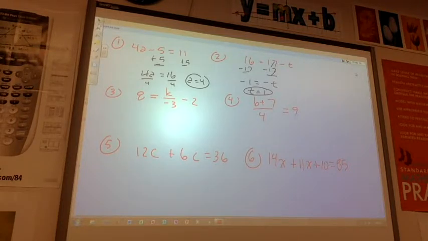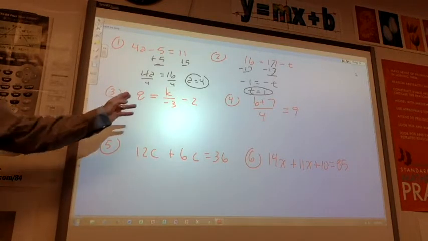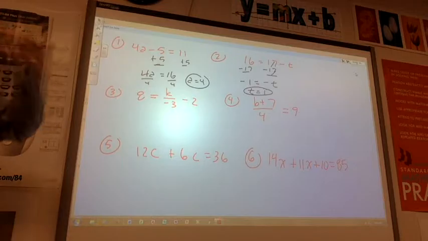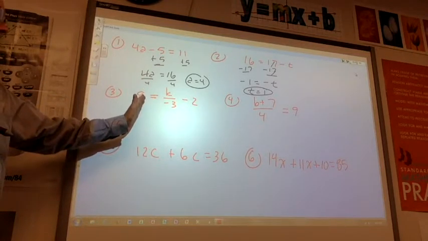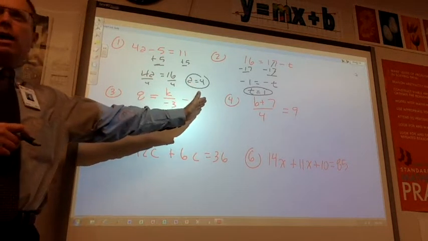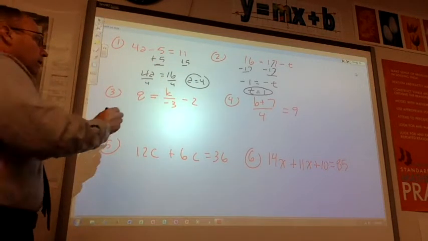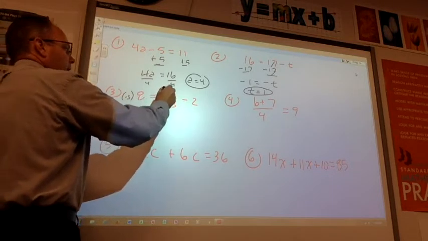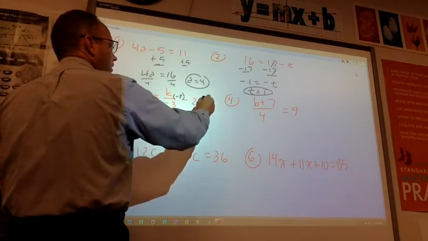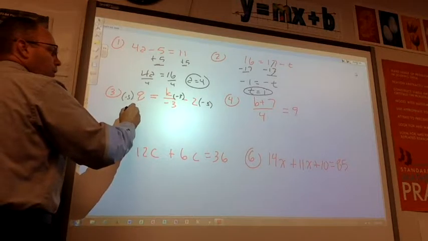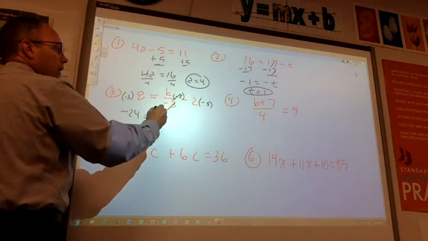Problem number 3. What should we do? Someone new. Multiply each side by negative 3. I agree if you're going to clear the denominator. So what you're saying, I really like that. That means I have to multiply this by negative 3, this by negative 3, and this by negative 3. You want to go with that? I'm happy to. That's negative 24 is equal to k.